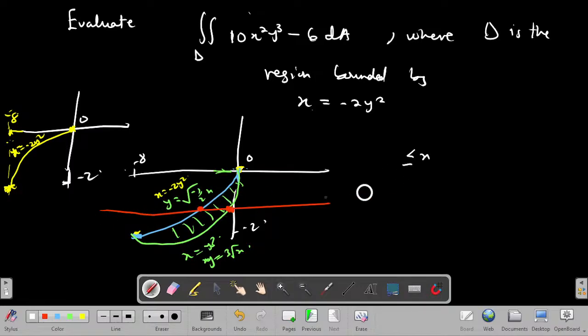So when I'm slicing through the x direction, the first point is x is equal to negative y squared. So you have negative y squared less than or equal to the next one, which is y cubed. That is x equals y cubed. So those are the two. This one is bigger than this, that's why you met it first.